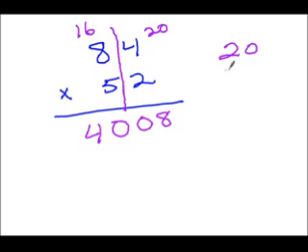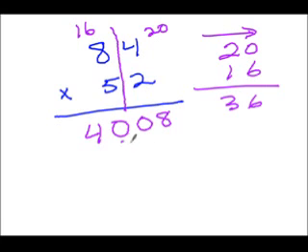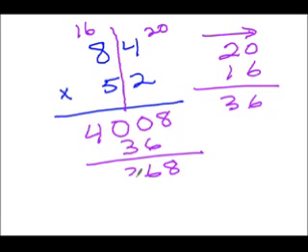So if I have 20 plus 16, I'm going to start at the left and work to the right. 20, 36. 8, 6, 3, 4. So 4,000. I cannot draw 4s on the screen. 4,368.